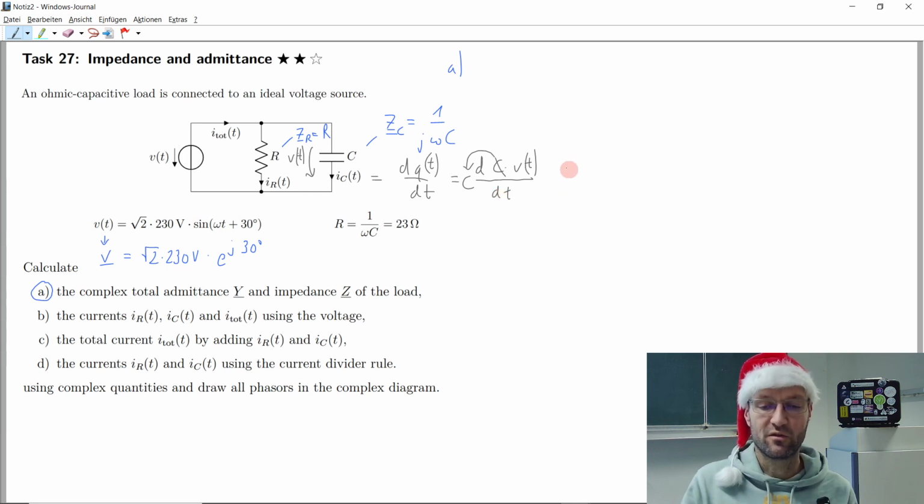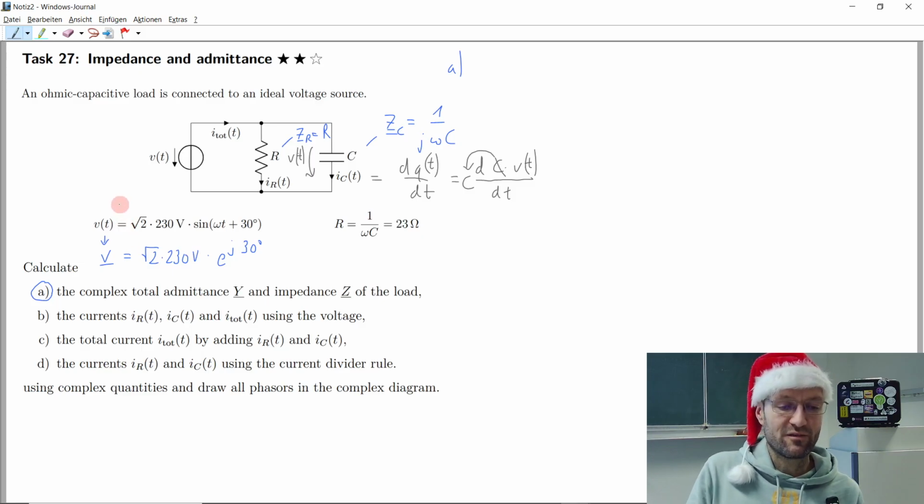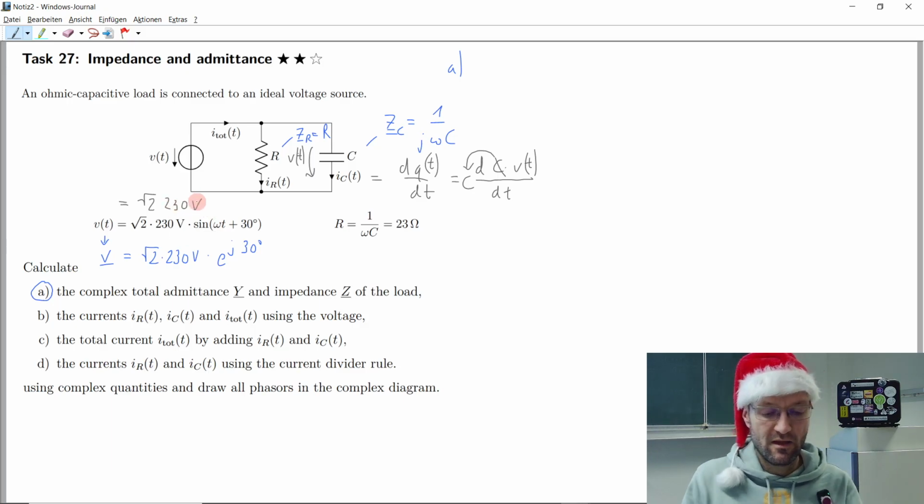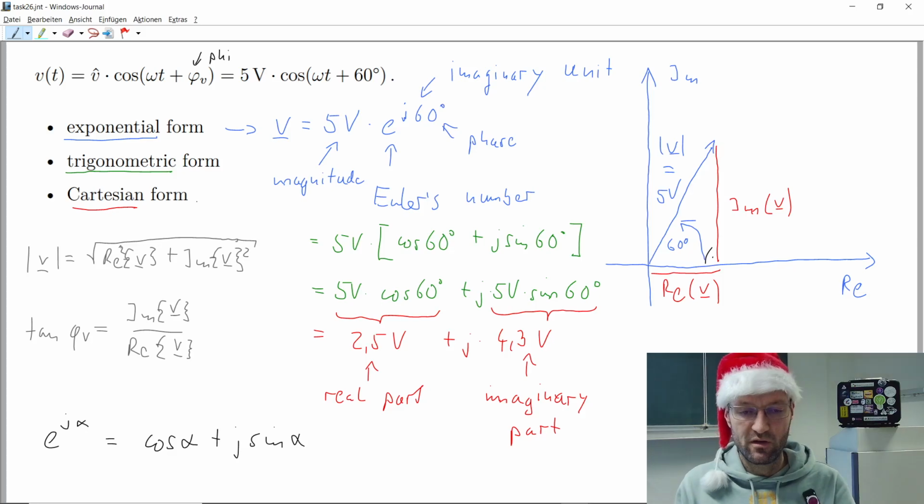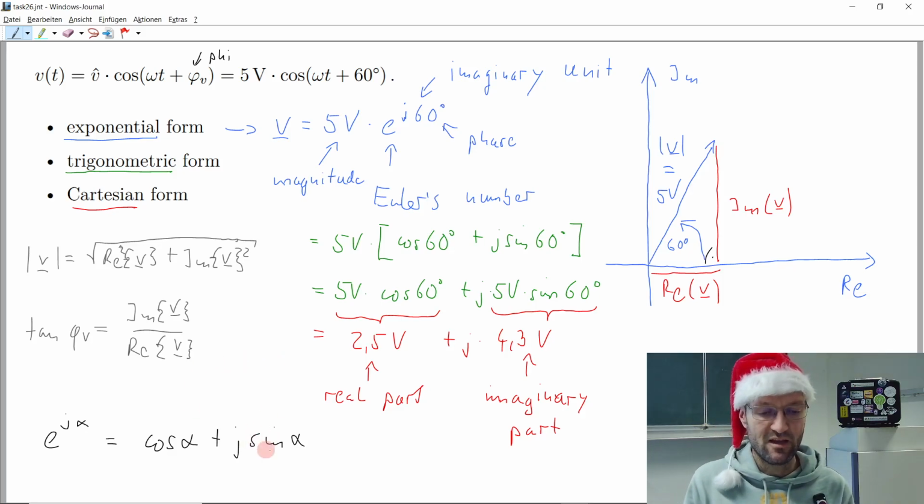Okay, so now we say our voltage is this type of voltage here. And I will rewrite this voltage in a slightly different way, and we'll say it's the same square root of 2 times 230 volts. And then remember what we did before in task 26. We said, okay, e to j alpha is the same as cosine alpha plus j sine alpha.